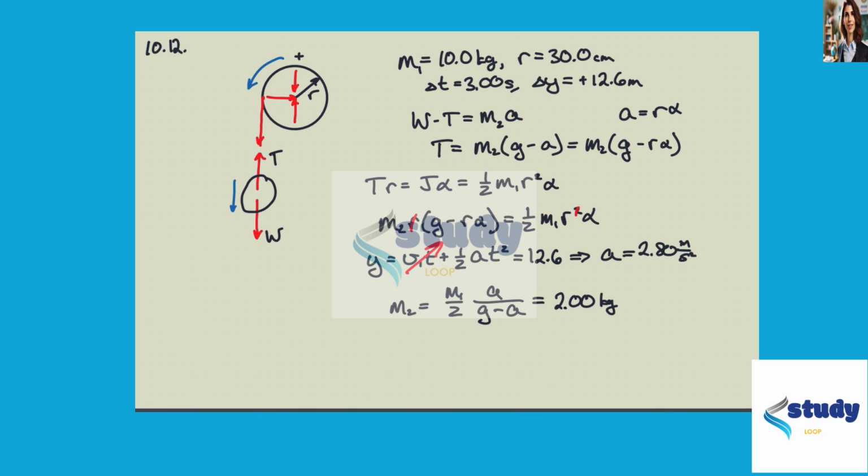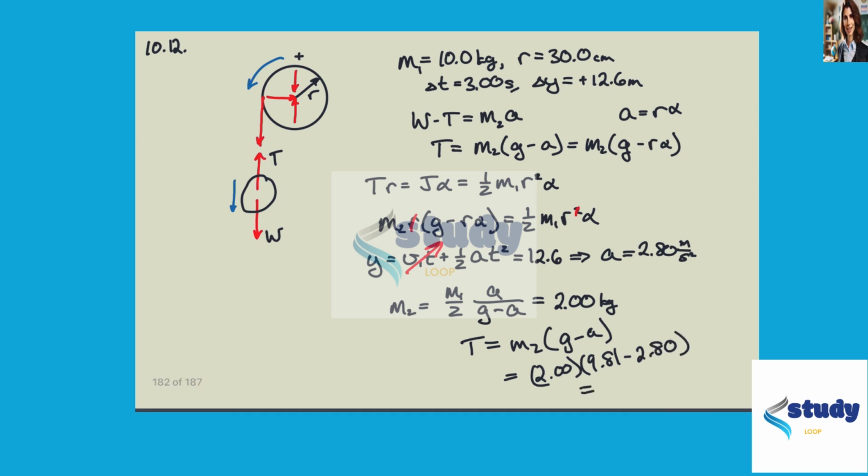So now we need to find the tension. The tension we know is m2 times g minus a, and m2 is 2 kilograms. That's 9.81 meters per second squared minus 2.8 meters per second squared.